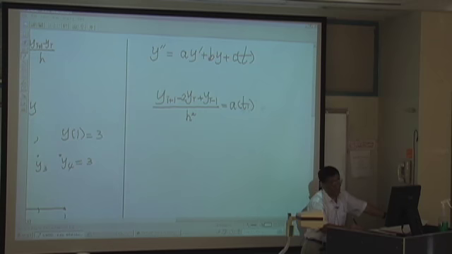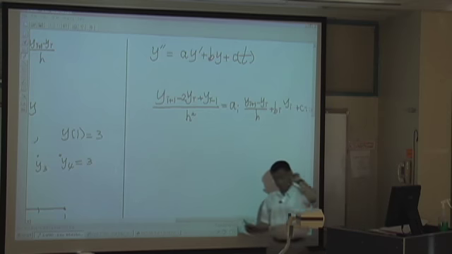So instead of using a of t_i, I will use subscript. A sub i is way easier to represent, right? And then I will describe a sub i later. A sub i, and then (y_{i+1} minus y_i) over h, and then b sub i, y_i, and then c sub i. Do you follow me?